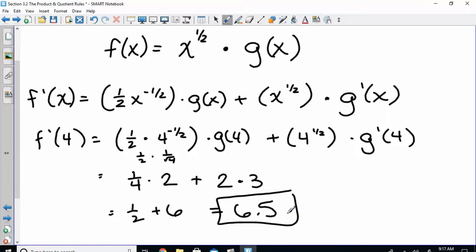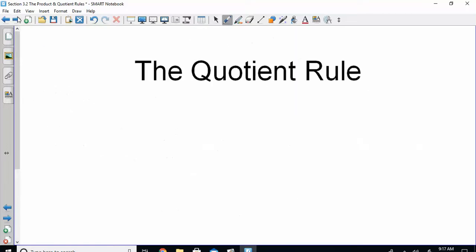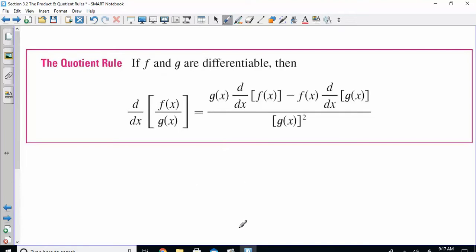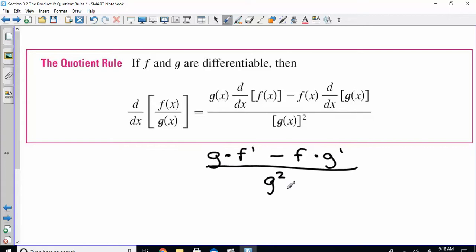Let's talk about the quotient rule. So quotient rule comes when you have two things being divided. Okay, this thing looks kind of nasty. What it says is g times f prime minus f times g prime over g squared.